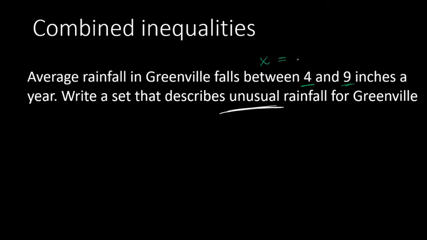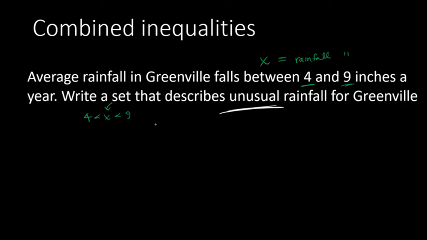If x is rainfall in inches, I could write this as 4 is less than x is less than 9. So my inches in rainfall is between 4 and 9. I'm using the less than, greater than symbol because they said the word between. They never said equal to, so I can't assume that.